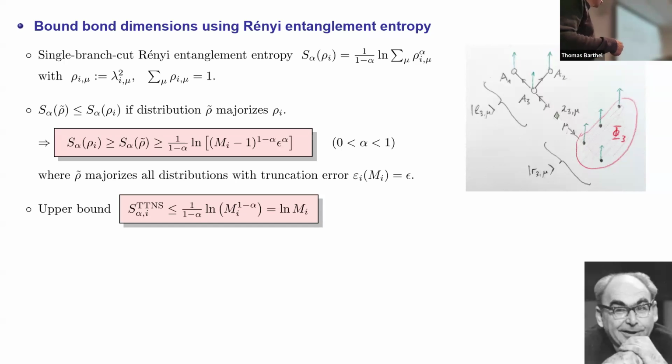And you also get a simple lower bound on the bond dimensions, just by realizing that the maximum entropy you can encode in the tree tensor network is given if you choose the spectrum flat, up to your bond dimension. This gives you the bound S smaller than log of the bond dimension.